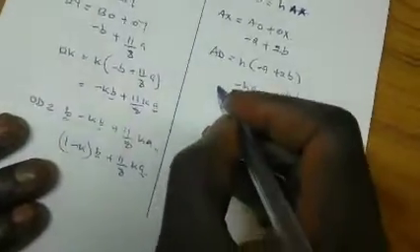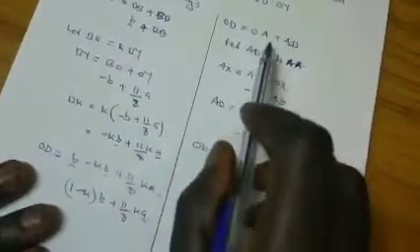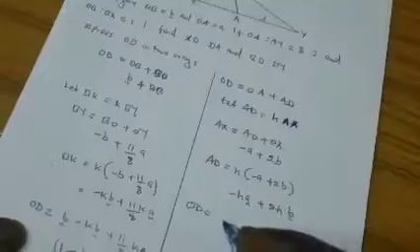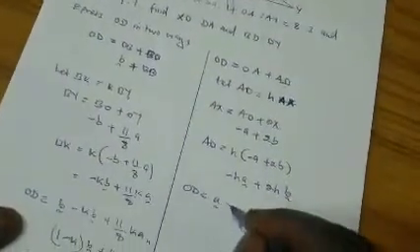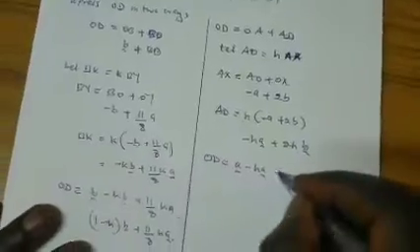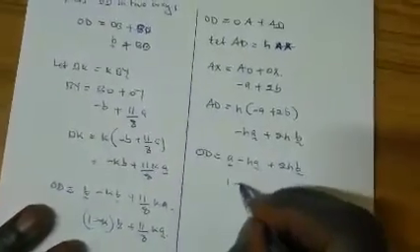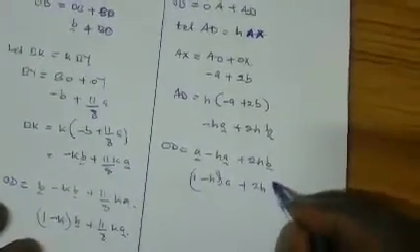Therefore, OD will be OA, which is a, minus ha plus 2hb, and that is 1 minus h into a plus 2hb.